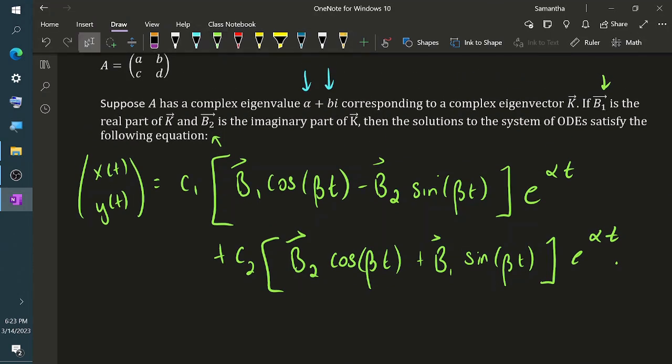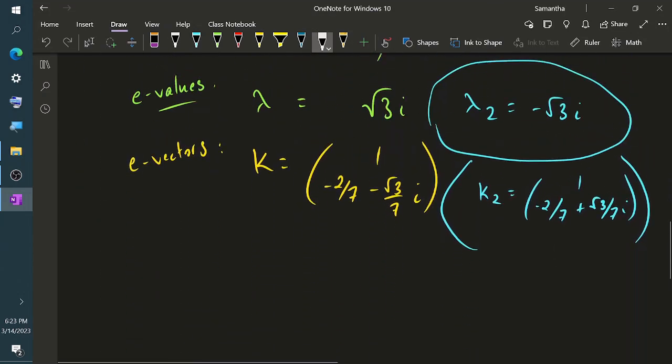Now the value called alpha is the real part of the eigenvalue, and the one called beta is the imaginary part of the eigenvalue. In this particular problem, my eigenvalue has no real part, so alpha, as compared to the theorem, would be 0. Beta would be root 3.